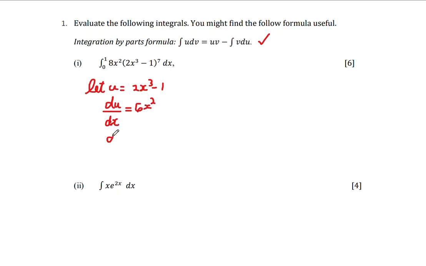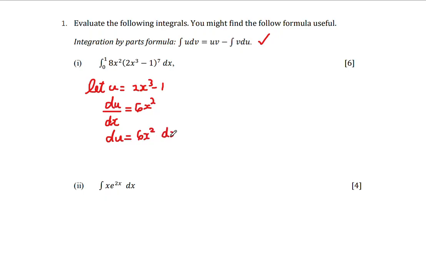Now we want to transpose this expression for du. So we need to express this in terms of du, in order to ensure that it is expressed with respect to x. We get du equals 6x squared dx.